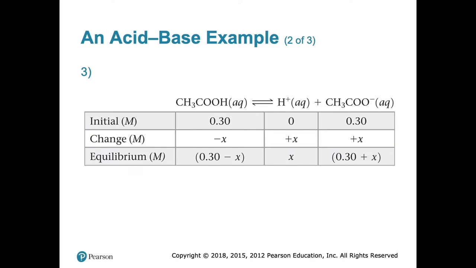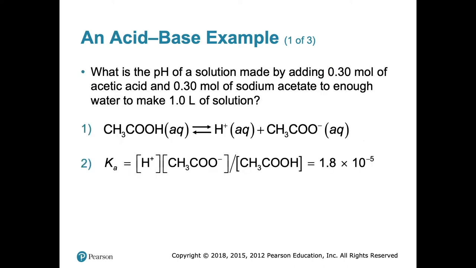The reason it has 0.3 on the acetate ion is that the problem says not only do you have a solution of 0.3 moles of sodium acetate, you also have 0.3 moles of acetic acid. So you have to take into account the 0.3 moles of the acetic acid as the initial, and the 0.3 moles of sodium acetate in the initial.